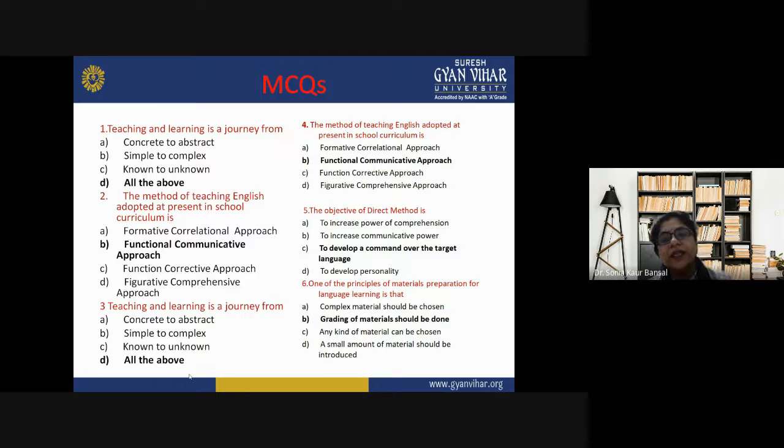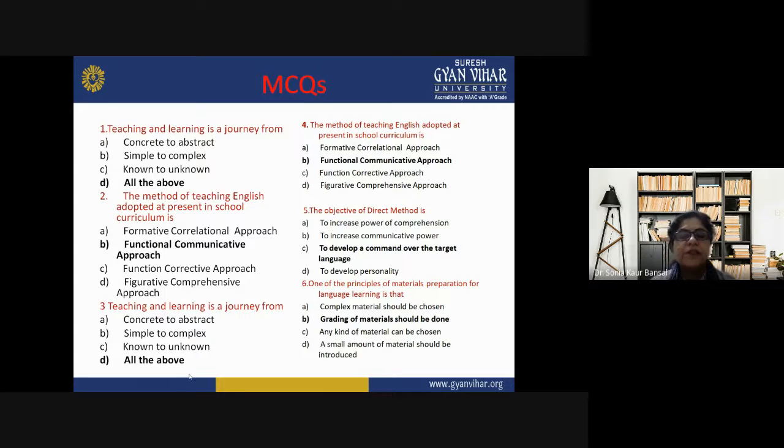The objective of the direct method is to increase power of comprehension, to increase communicative power, to develop a command over the target language, to develop personality. So the correct answer is to develop a command over the target language. It means to learn that language fully.